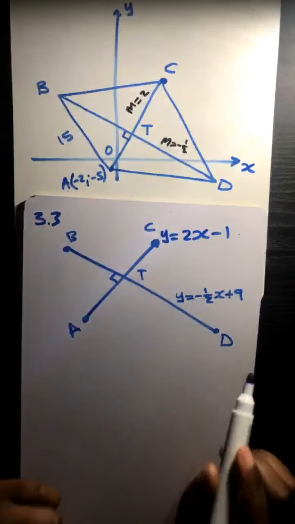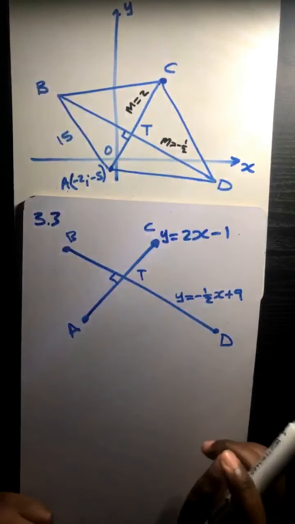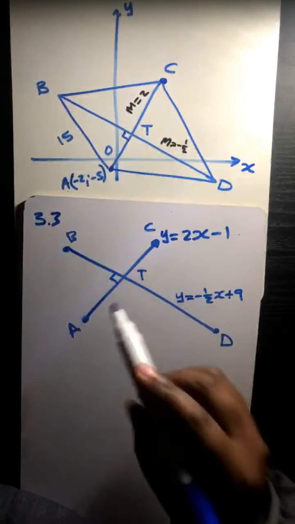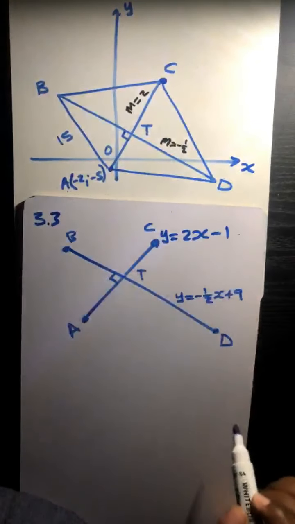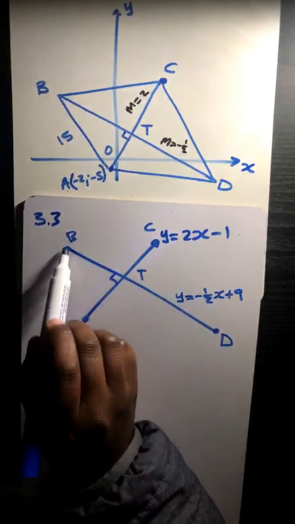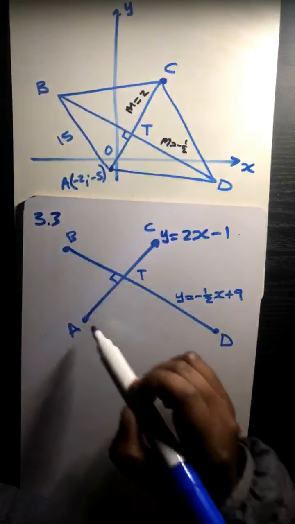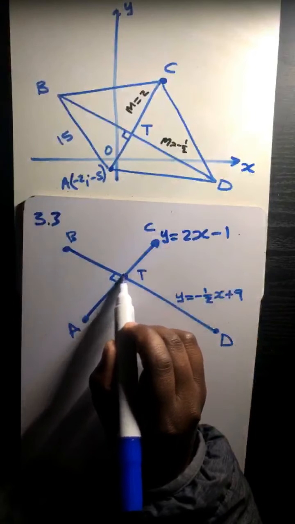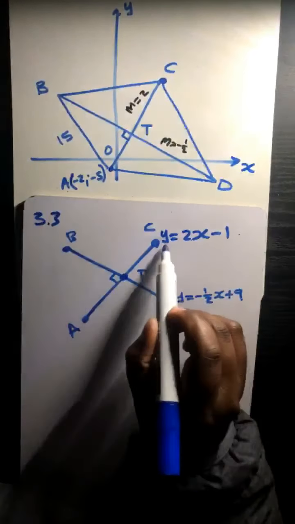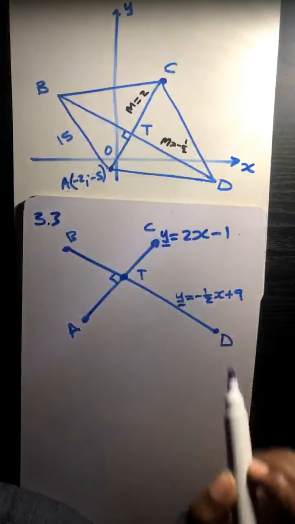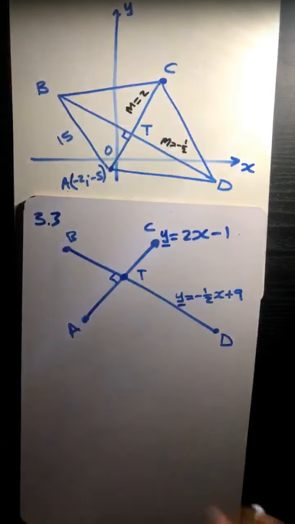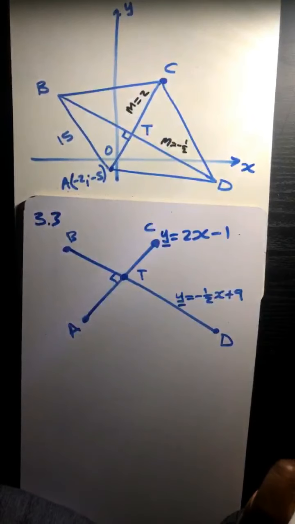Okay, so let's see. Mr. Lozuku, at all times, when we have lines crossing, if we know the equation of that line and we also know the equation of that line, it means at this point the two lines are equal. So that means this y and that y is the same thing. So what exactly does it mean?